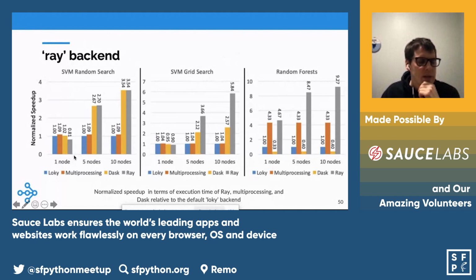One thing to note is that this is for a distributed setting. For 1 node, 5 nodes, 10 nodes, so 1 computer, 5 computers, 10 computers, you're going to get the same performance for Loki as well as multiprocessing.